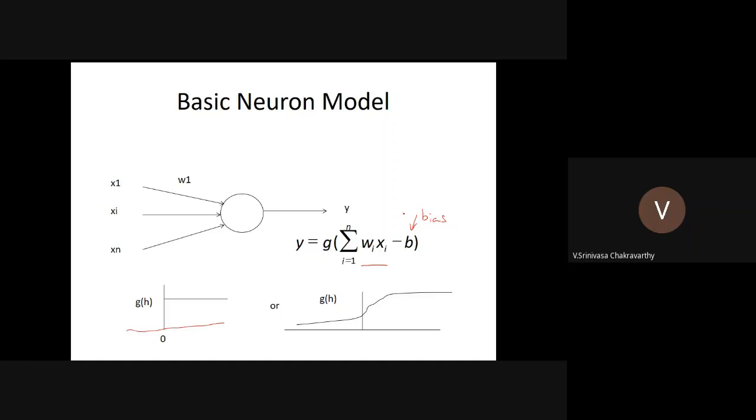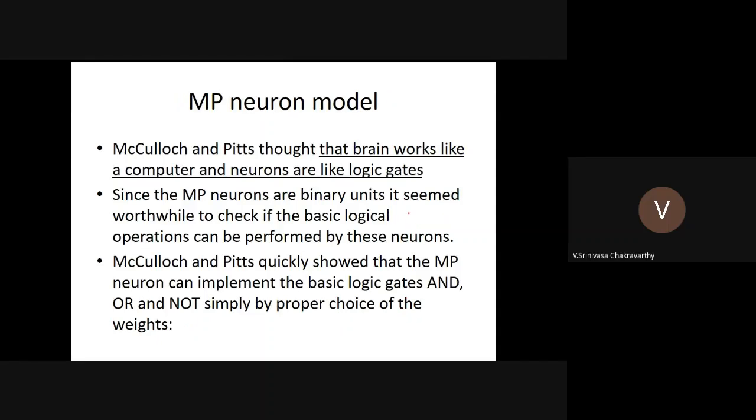If the model follows the 0-1 convention, then the smoother version is the sigmoid function, which is also called the logistic function. If it follows the -1 to 1 convention, then you use the tanh function. That was the kind of model that McCulloch and Pitts proposed, and in fact, in the original McCulloch and Pitts model, they use a step function. So there is only one case. All the others are later developments.